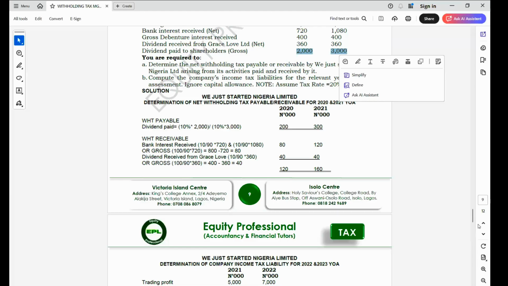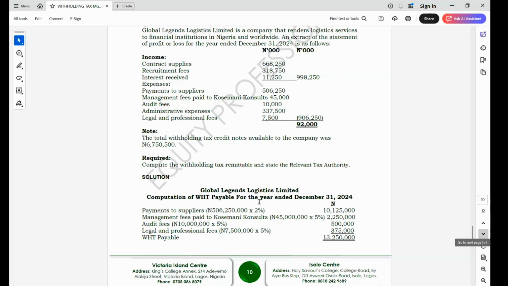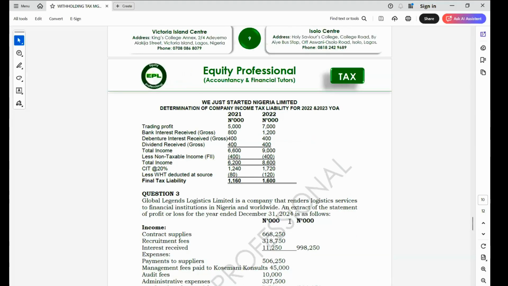We have Global Legend Logistics Limited, a company that renders logistics services to financial institutions in Nigeria. The statement for the year ended December 31st, 2020 is as follows. We have income: contract of supply, equipment fee, interest received.